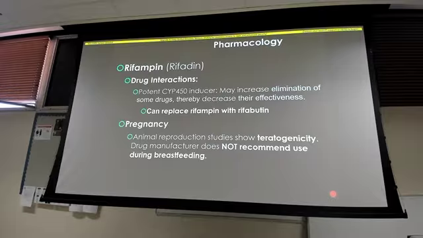So therefore, you're going to see a likely treatment failure with a lot of those other medications that they can be taking. We see a lot less of this whenever we have our patient on rifabutin. So that is also why you will sometimes see us change to a different rifamycin. If I'm worried about it inducing a medication, then I'm going to say, hey, instead of using rifampin, I have rifabutin to use. Pregnancy, don't use it.